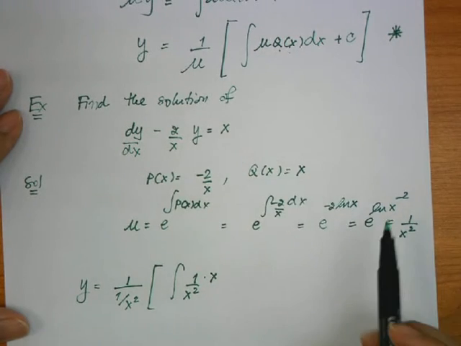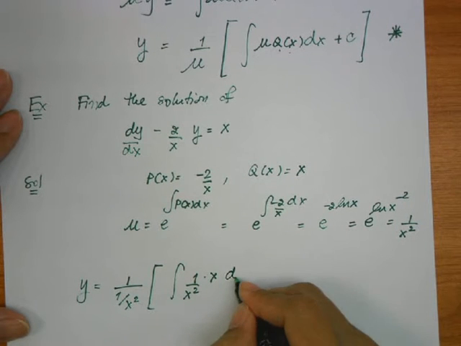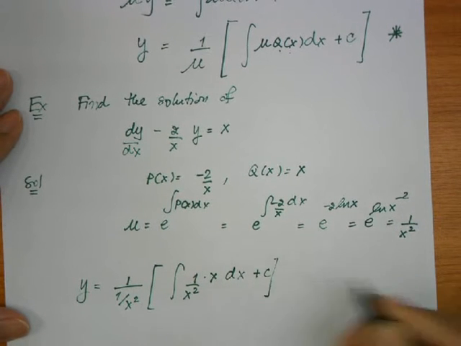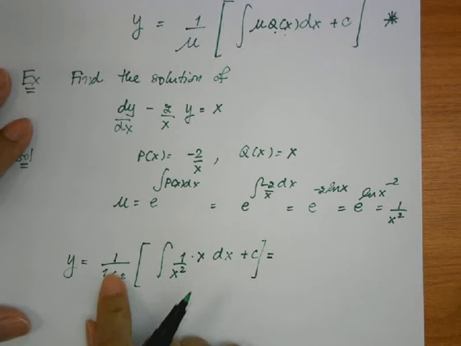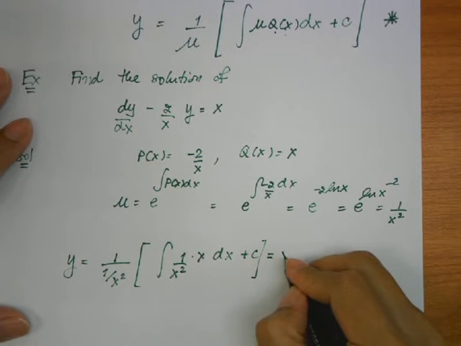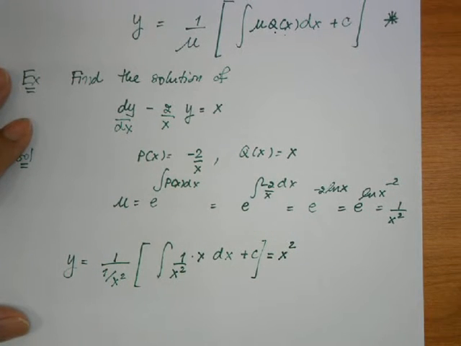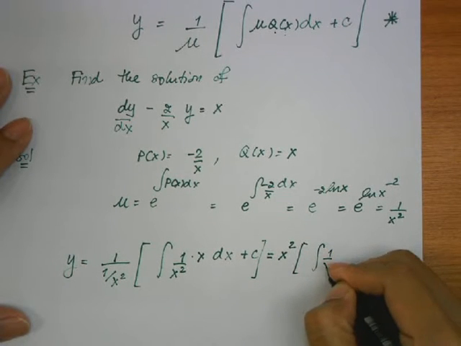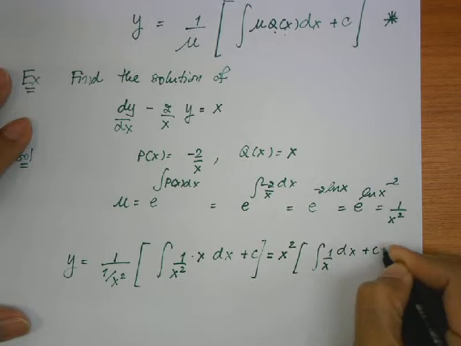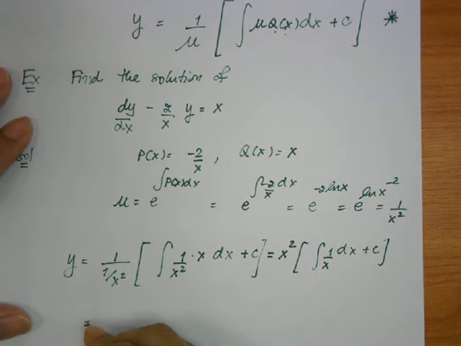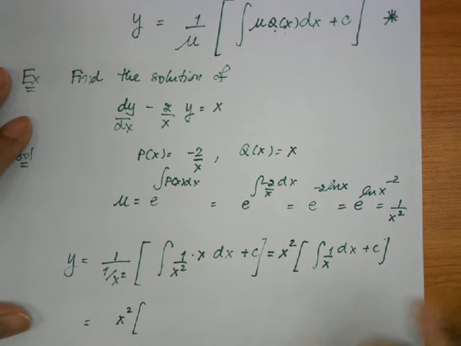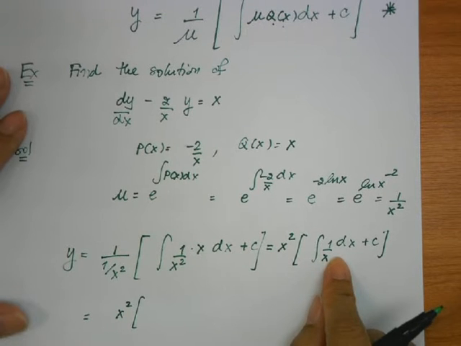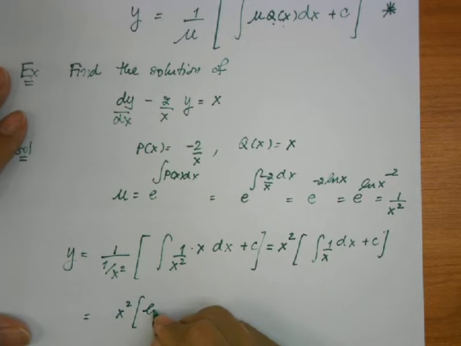Your q(x) is equal to x dx plus c, which is equal to x squared times the integral of 1 over x dx plus c, which is equal to ln x plus c.